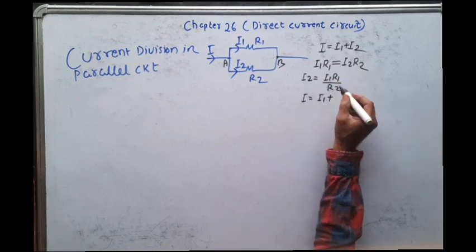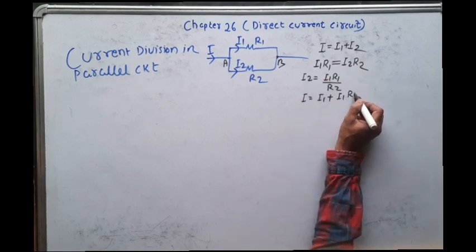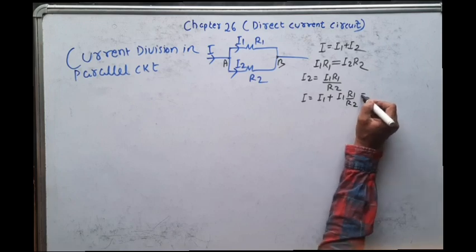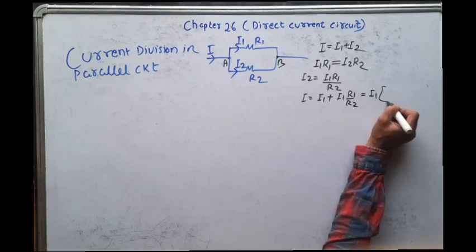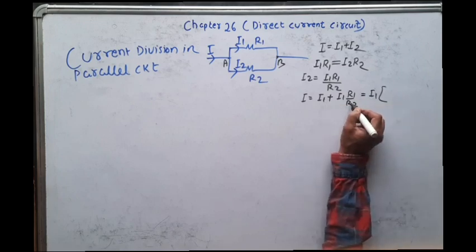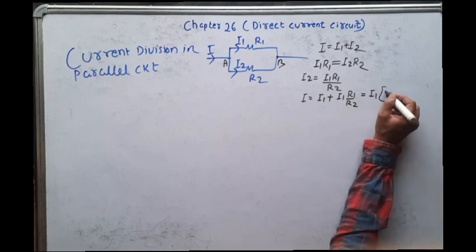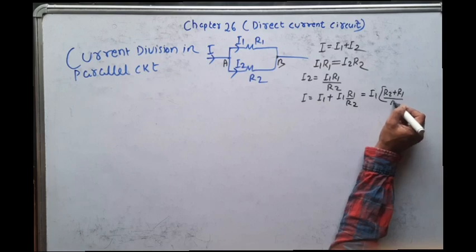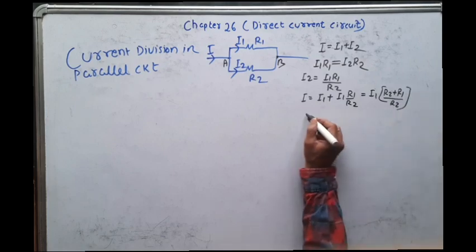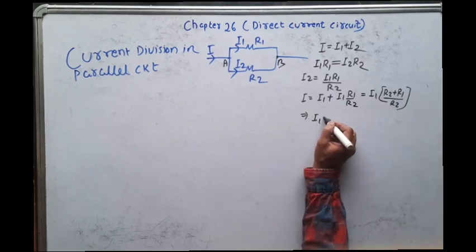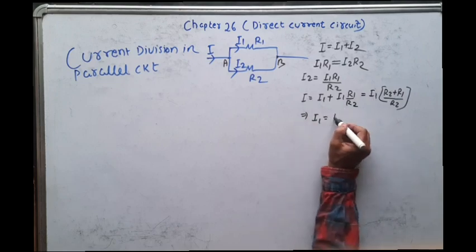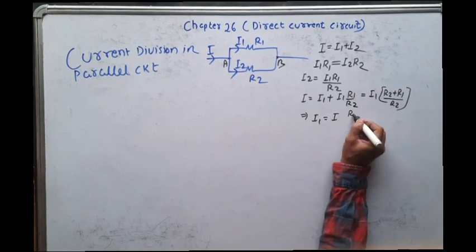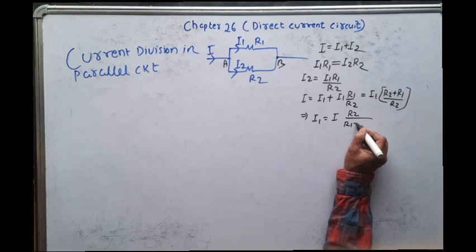In place of I2, you write I1 R1 by R2. Take I1 common. LCM is R2, so it is R2 plus R1 divided by R2. So from this we got I1 is equal to I into R2 divided by R1 plus R2.